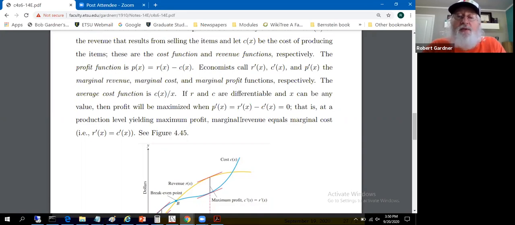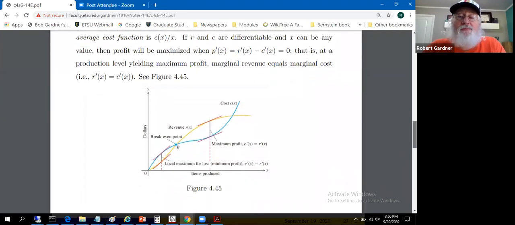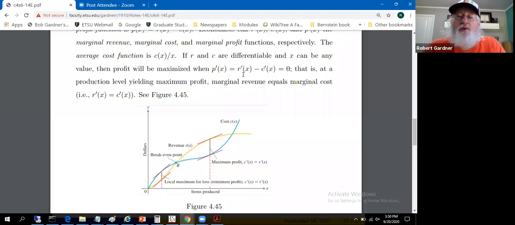You take the derivative and you set it equal to 0, except in this setting you call derivatives marginal functions. But still, of course, you set the derivative equal to 0. So that's the production level that will yield maximum profit, also minimum profit. And of course, it occurs when the marginal revenue function and the marginal cost function are equal to each other, simply setting this equal to 0.